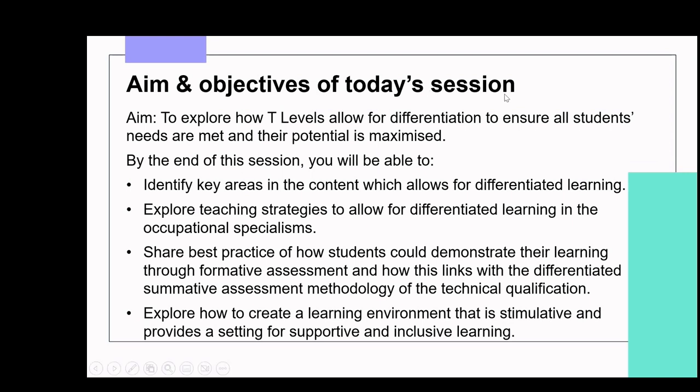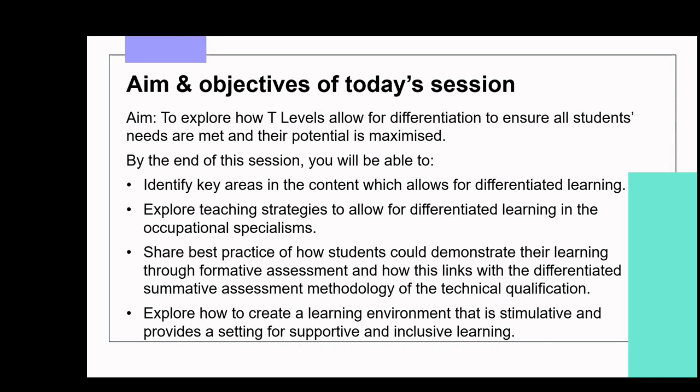Thank you, Marina. Our aim of today's session is to explore how in T-levels we can ensure differentiated teaching and learning so that students are meeting their maximum potential. By the end of today's recording, you'll be able to identify key areas in the content which will allow for differentiated learning.